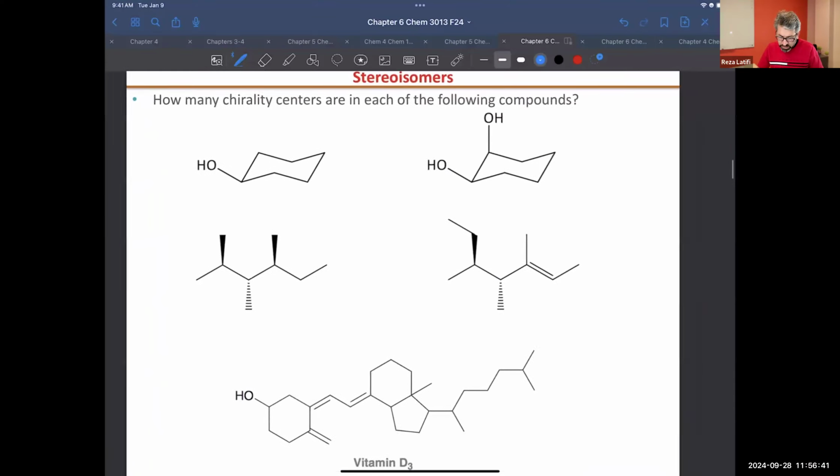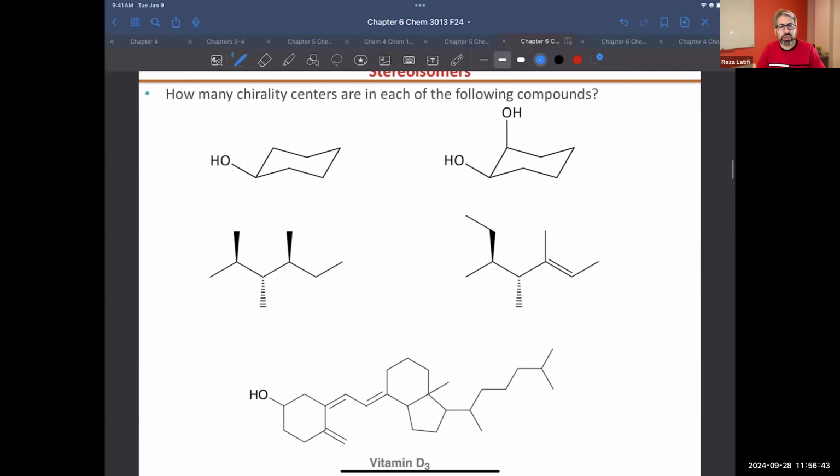Okay, let's figure out whether we have a chiral center or not. Remember, in order to figure out whether there is a chiral center, you need to have four different substituents. Let's go with this carbon. Why that carbon? Because the rest are going to have two hydrogens, and that cancels the chirality. It looks like I have one OH, but if I look at this side or that side, I have a carbon with two hydrogens, and then a carbon with two hydrogens.